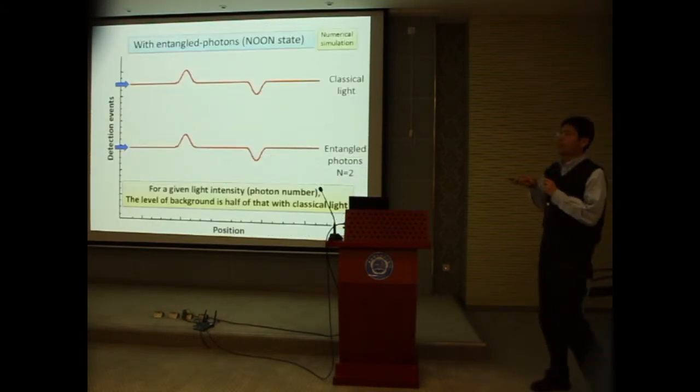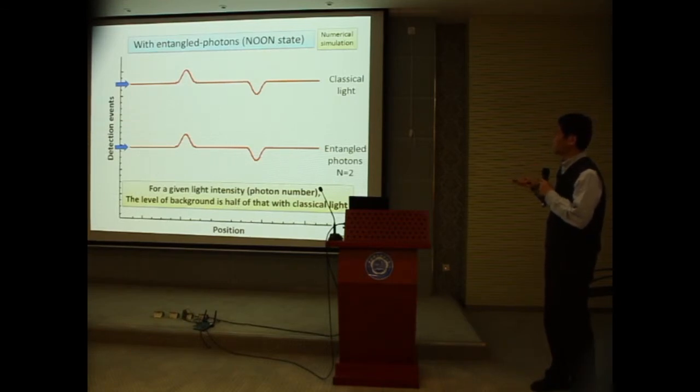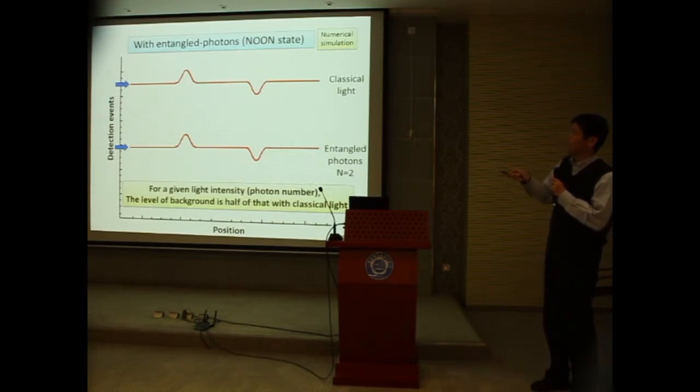And this is how we are able to achieve the improvement with entangled photon or NOON state. This is a classical light case, and this is the case where we have two-photon entangled state. Please note that the background level is half of this classical light case. However, the height of signal is maintained in this case.